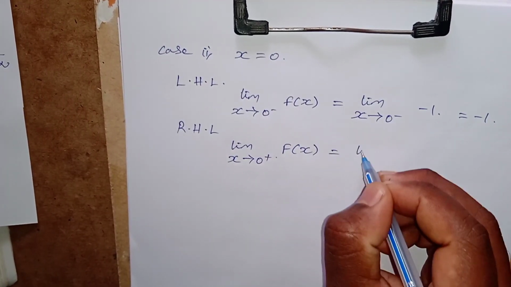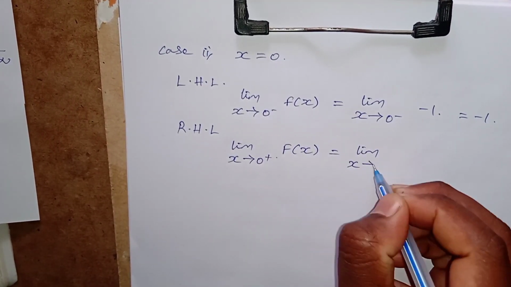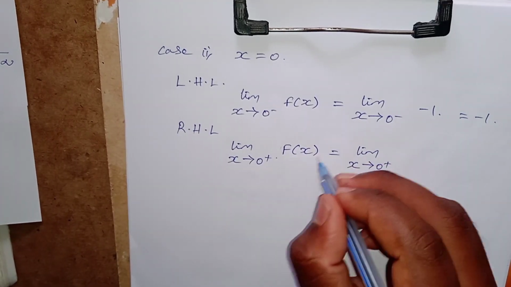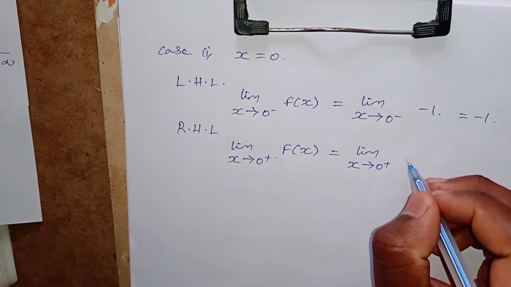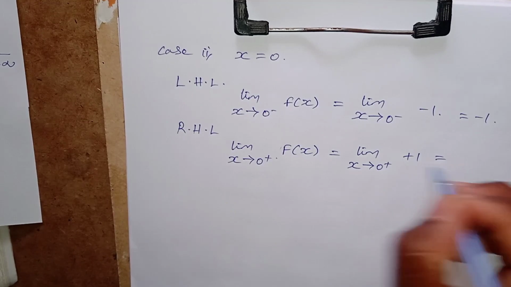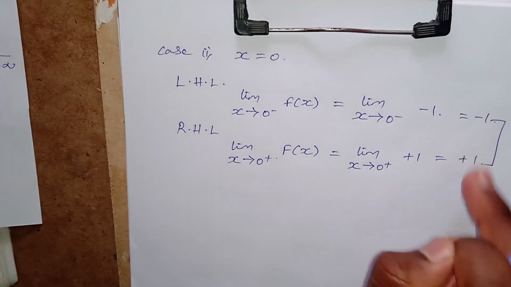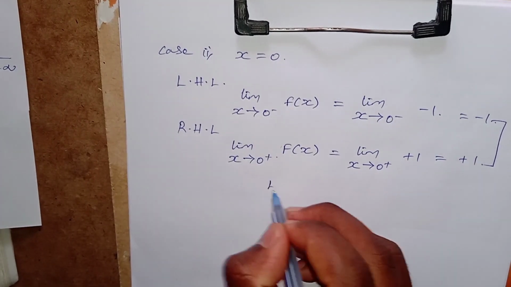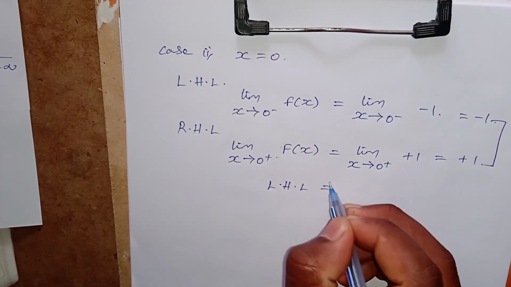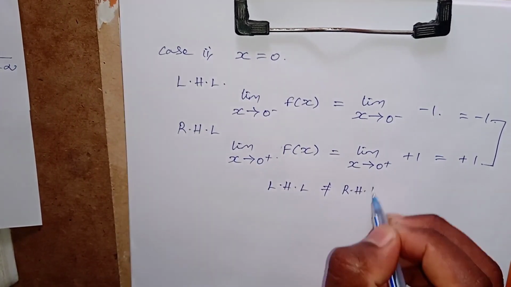So in the place of f of x you substitute plus 1, therefore plus 1. Here it is minus 1, here it is plus 1, therefore left hand limit is not equal to right hand limit.